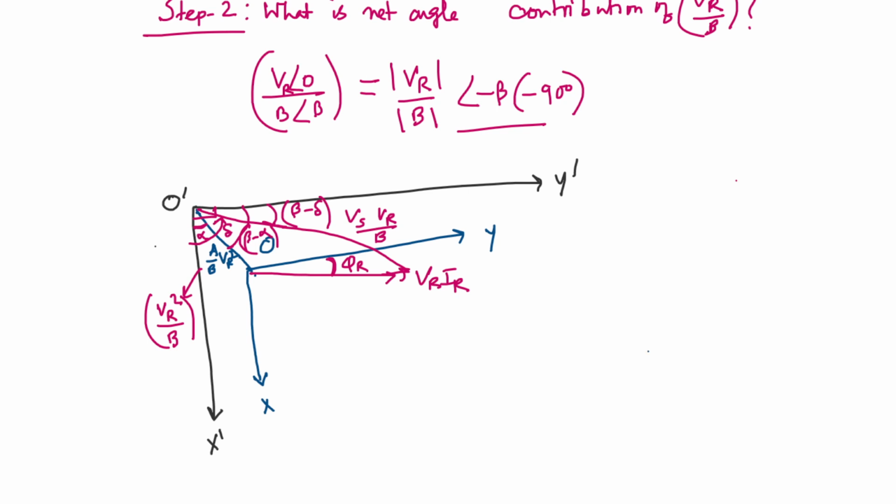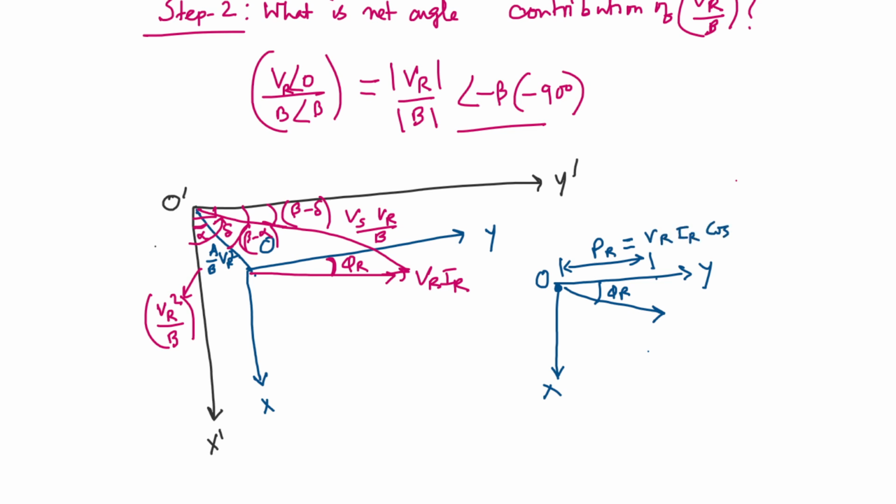Let us say this is the xy axis, this is O. Let us say we have a load line like this, with angle phi R. Up to this, it is PR, which is equal to VR IR cos phi R. However, the reactive power component QR, this value, which is equal to VR IR sin phi R, is coming out as a negative number.